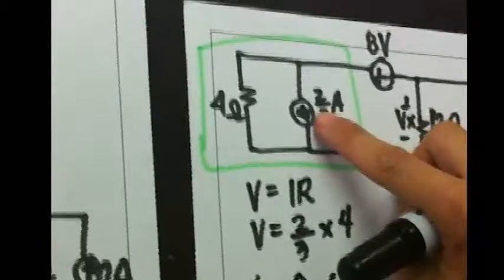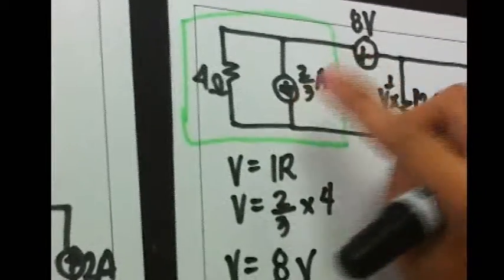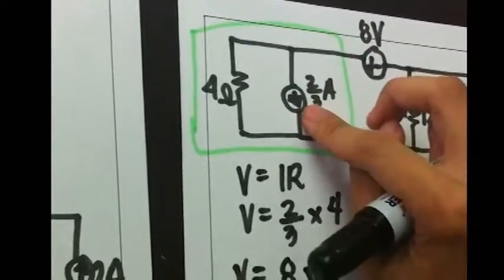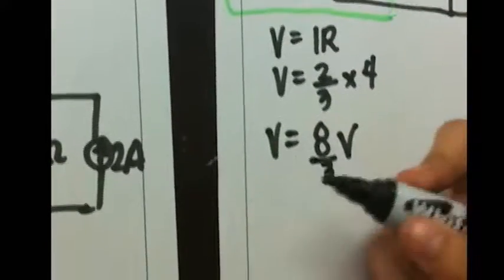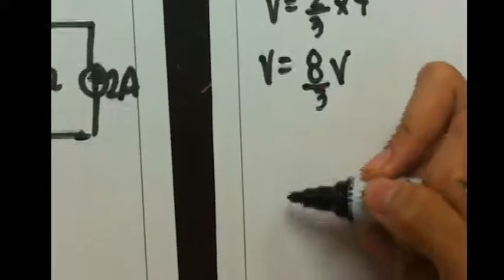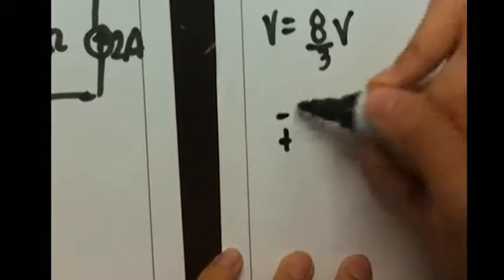Since we have this sign convention, the positive polarity of voltage should be like this.